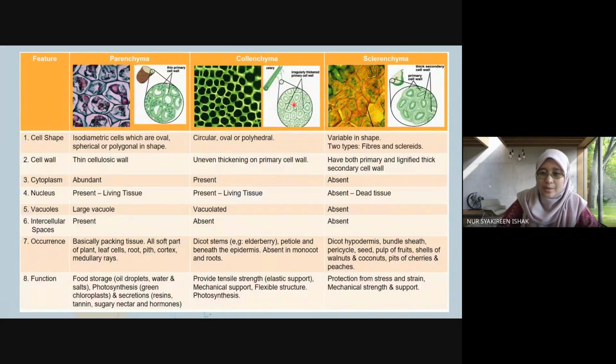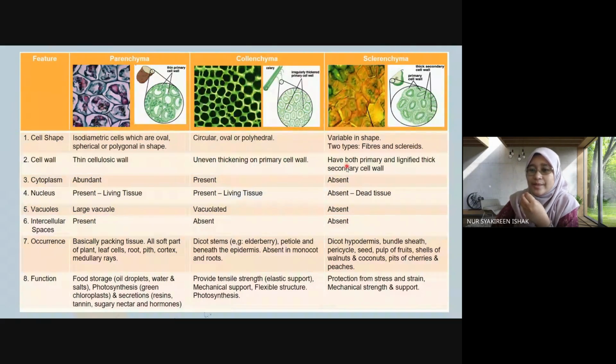Earlier we looked at the plasma membrane and then the cell wall. The one closest to the plasma membrane is the secondary cell wall, and the outermost one is the primary. So collenchyma has uneven thickening on the primary cell wall.